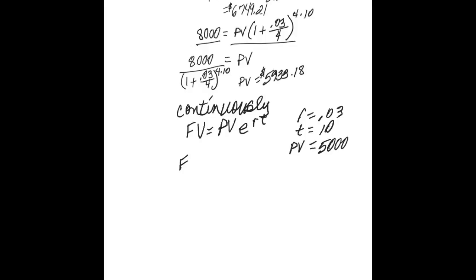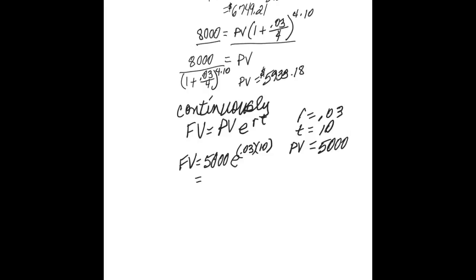So future value is equal to 5,000 times e raised to the 0.03 times 10. And I'm going to put this in parentheses just for you to see it. You use the multiplication sign and you don't need to put parentheses, especially if you have the box.